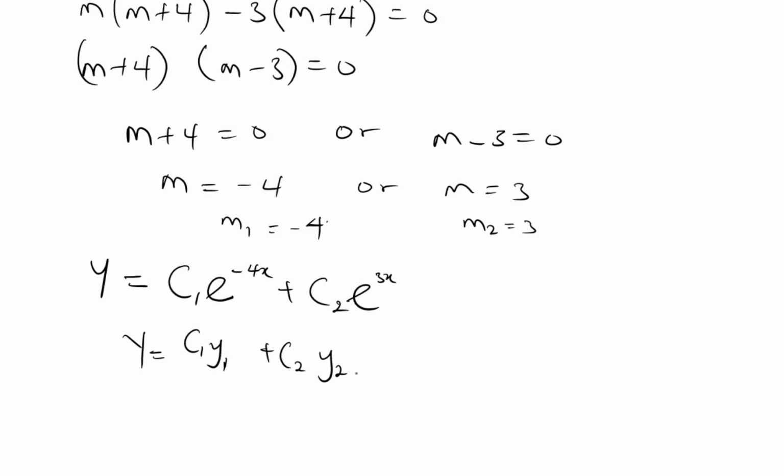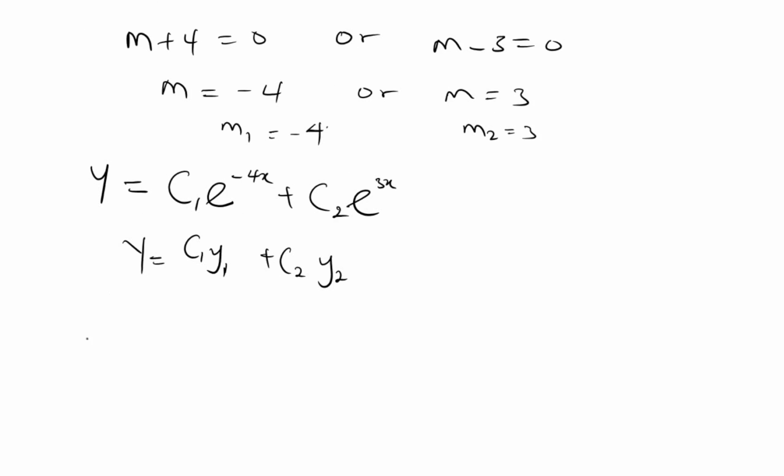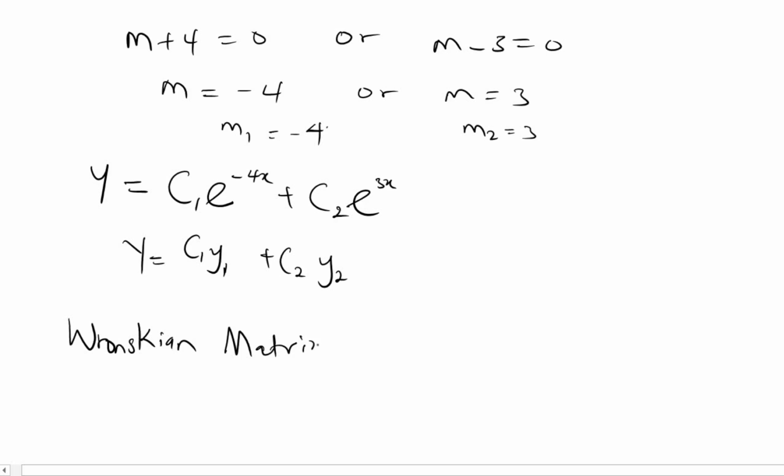This is the relationship I'm going to use to determine the Wronskian matrix. If I relate this to this, you can say y1 is equal to exponential of minus 4x, right? And y2 is equal to exponential of 3x.